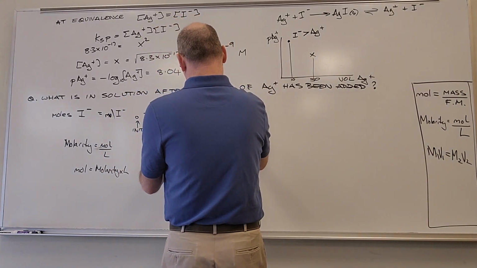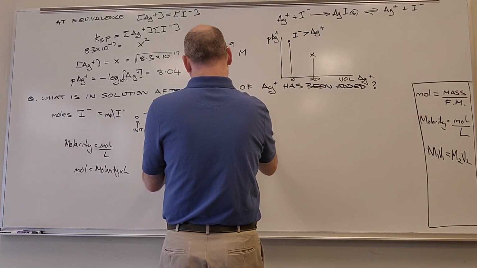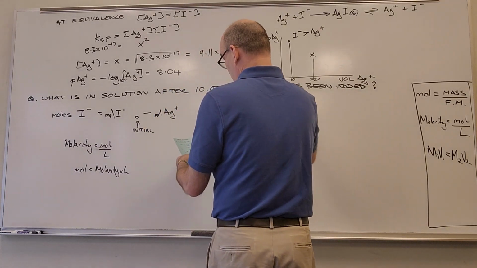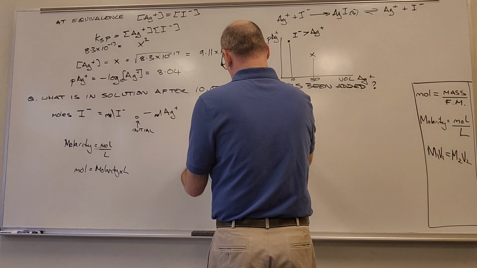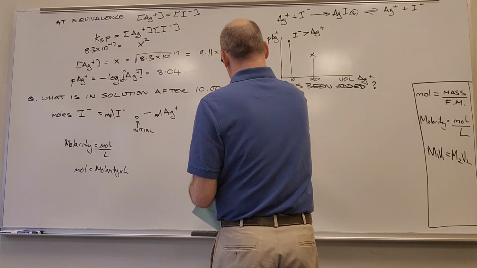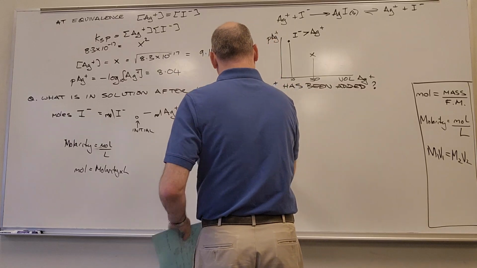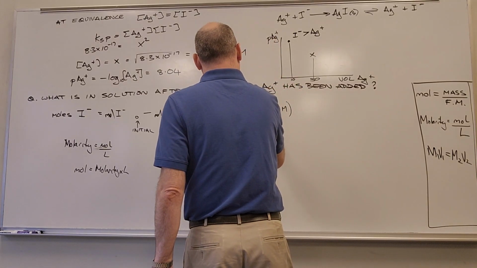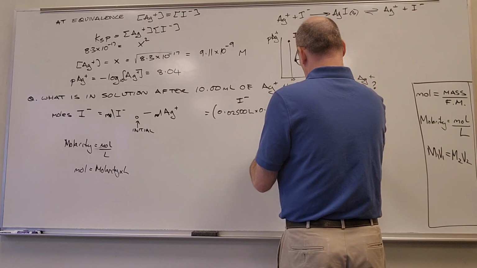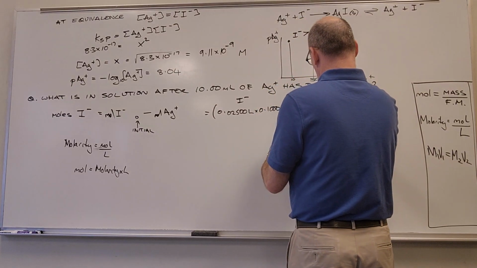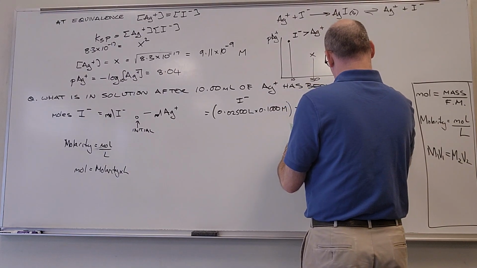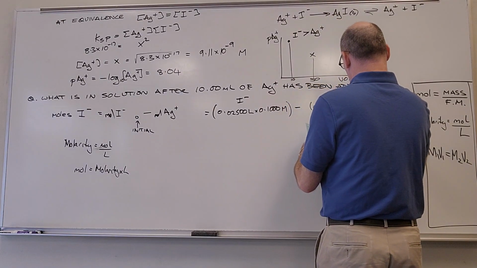All right. I have 0.025 liters, 25 milliliters divided by 1,000, times 0.111. That's my iodide, and I'm going to subtract from that 0.01 liters multiplied by 0.05.